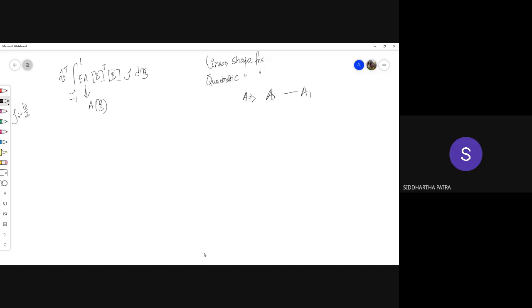Take a single bar element, linear perhaps, and try to get the stiffness matrix for this one. Make it your assignment. The first assignment of the day, variable cross section.